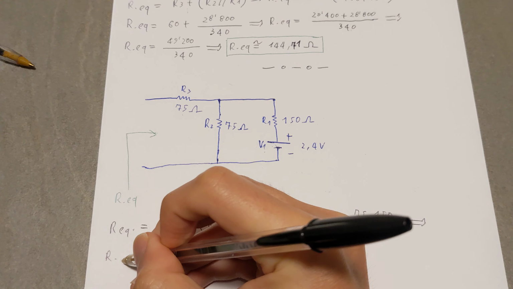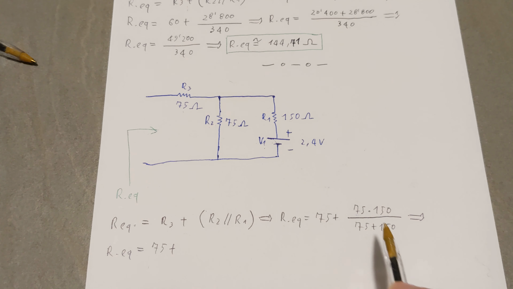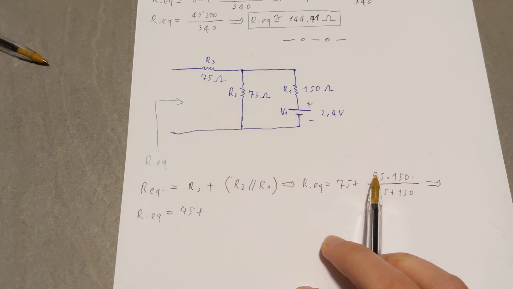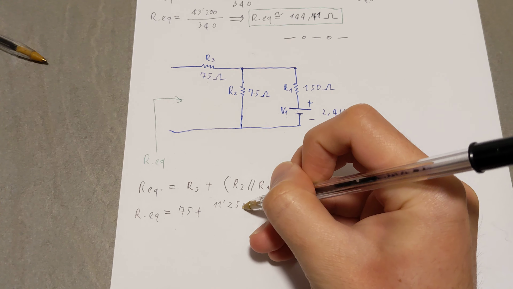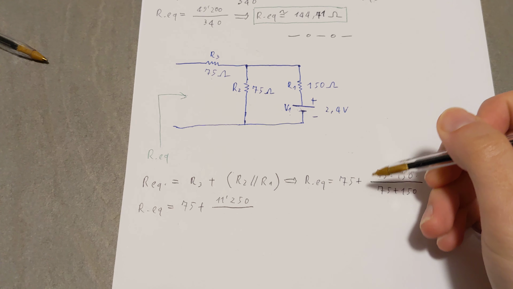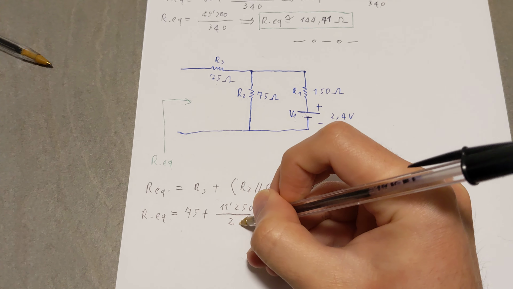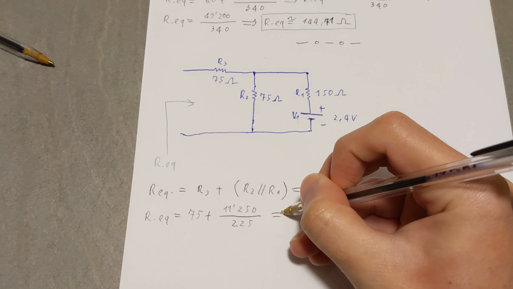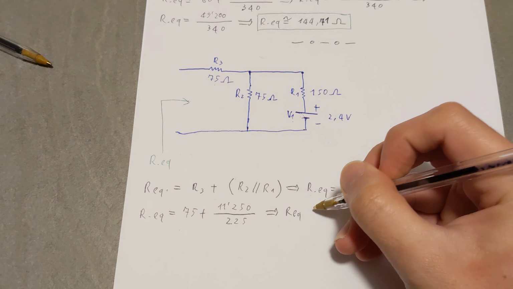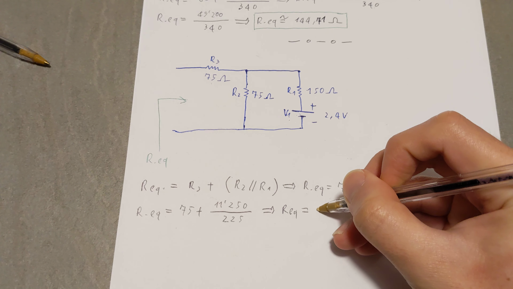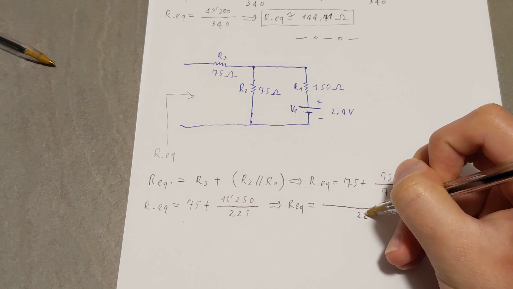So Req is equal to 75 plus 75 times 150, which is 11,250, over 75 plus 150, which is 225. So again, we go on, and Req is equal to 225 here.